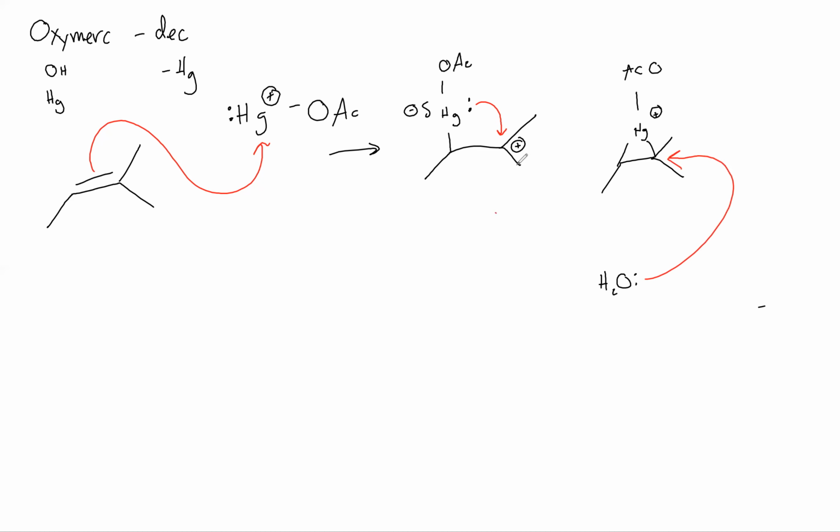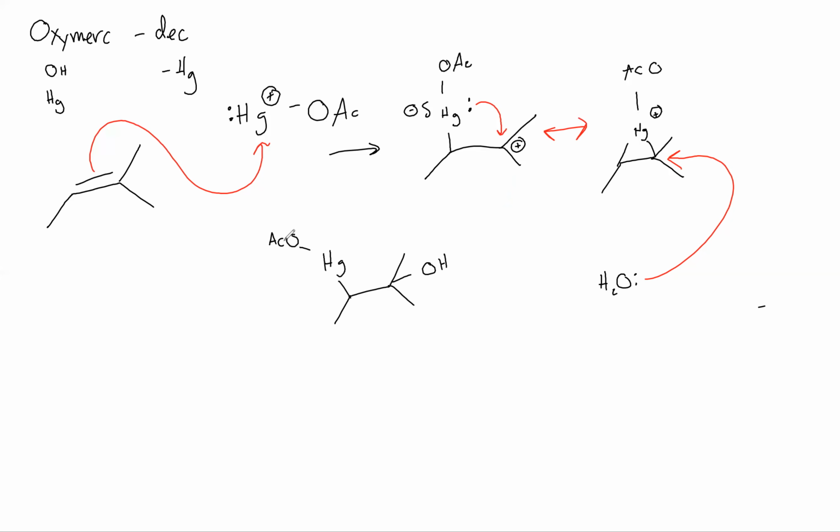Because it's going to spend more time with the positive charge because of this sort of resonance structure here. Okay? Does that make sense to everybody? Okay. And so then what happens is we add our OH to this. And again, we went through deprotonation stuff, but what's important is we end up with an OH on the more substituted carbon, and we end up with HgOAc.